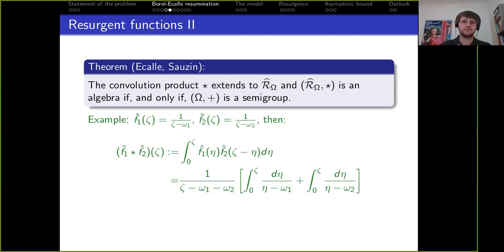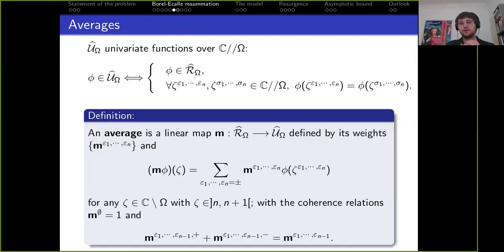And the second idea of Ecalle is to say, well, if you perform your Laplace integral and you're going to hit one of these singularities, you can just avoid it. You can deform your integration path, going above or below the singularity, and keep going after. You can do that because you've defined those resurgent functions.